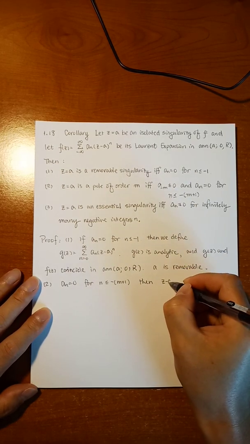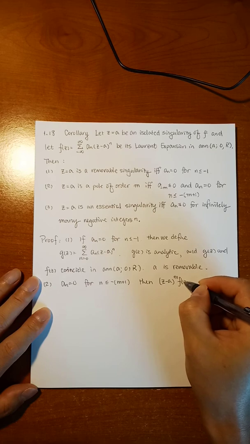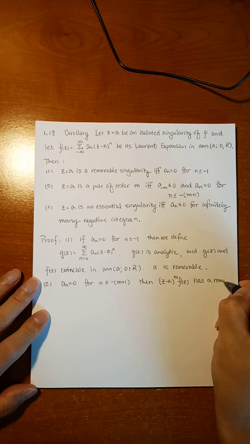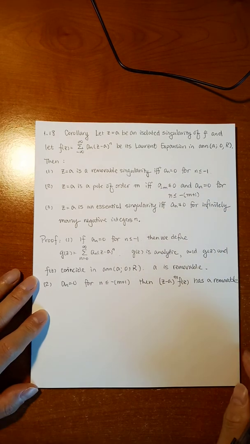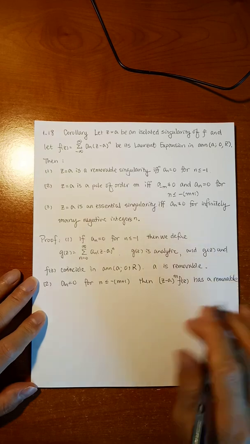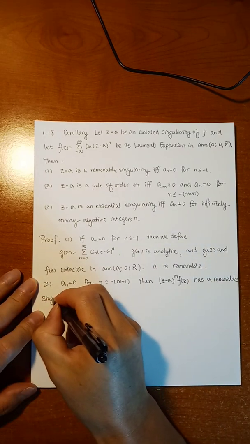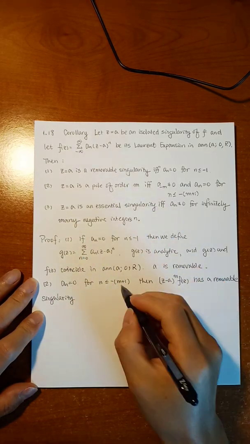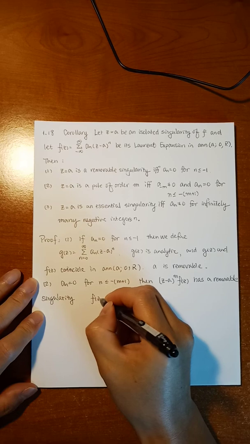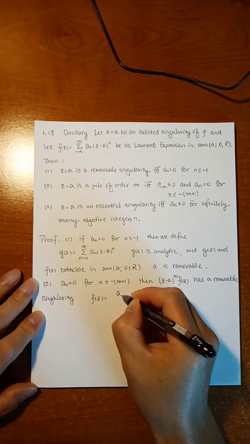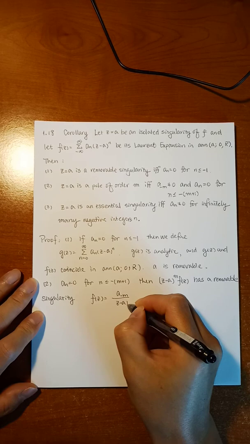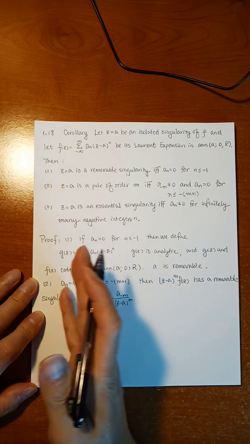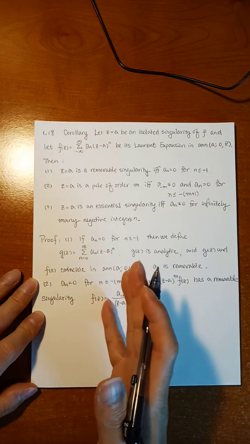We can say (z minus a) to the mth power times f of z has a removable singularity. In this case, f of z becomes a sub negative m (z minus a) to the negative m power plus a sub negative m plus 1 (z minus a) to the power negative m plus 1, and so on. Remember, the coefficients before this term are always 0, so you don't copy them.